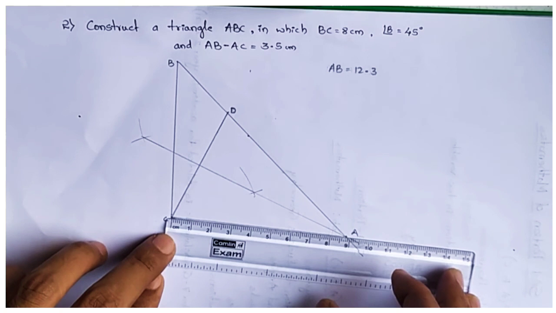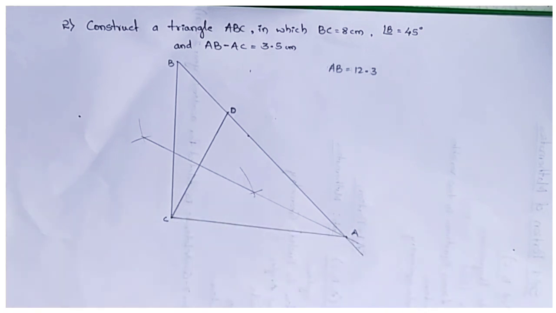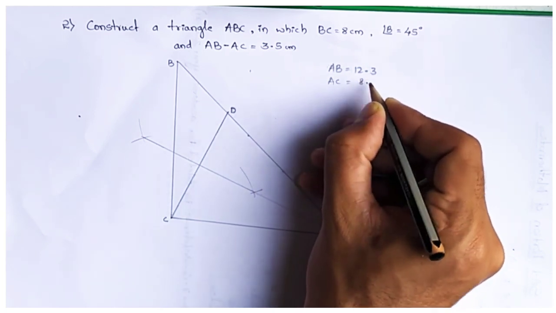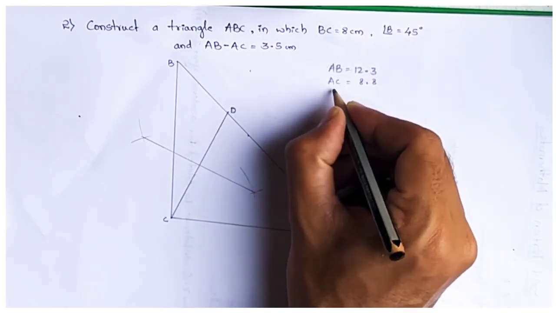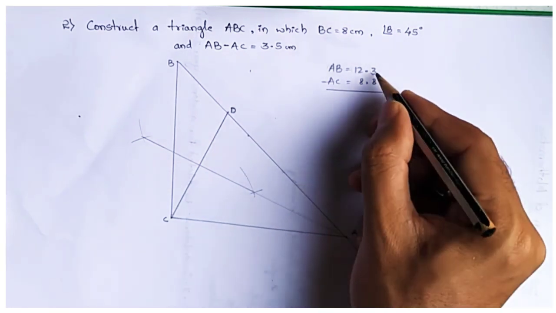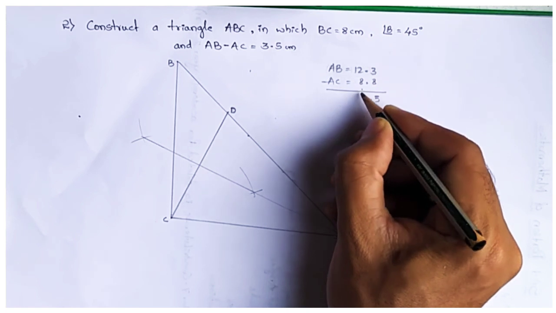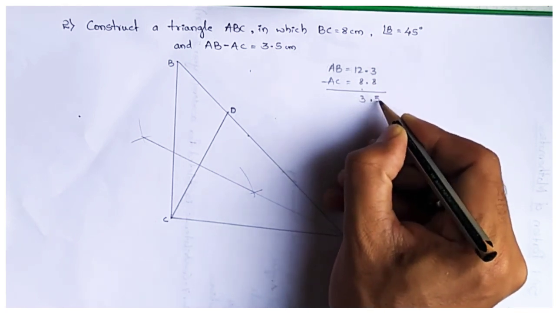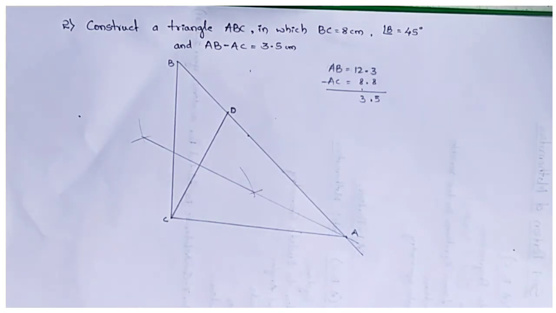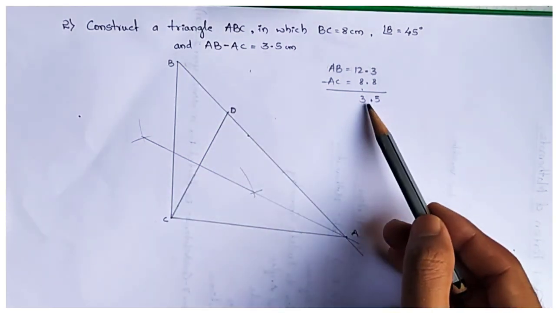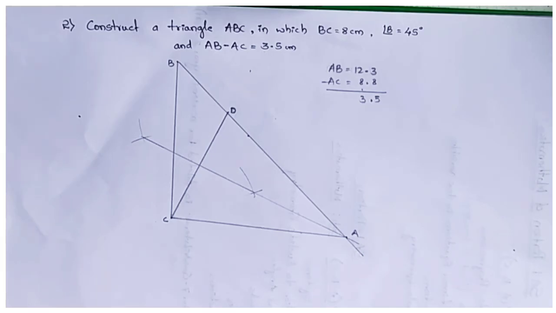AC is 8.8. So make the subtraction. Here you will get 13 minus 8, that will be 5. Carry 1, 12 minus 9, it will be 3.5. Our requirement is AB minus AC equal to 3.5, and we are also getting 3.5. So try yourself once again, you will get the exact answers.